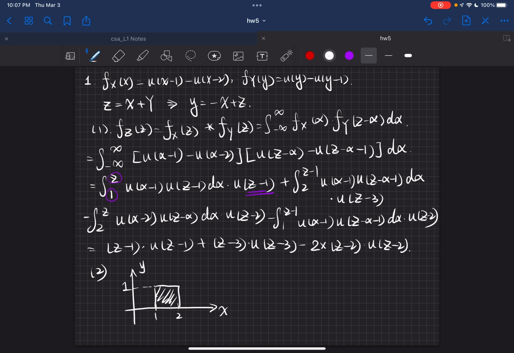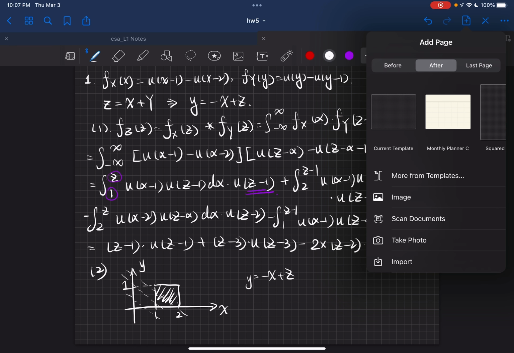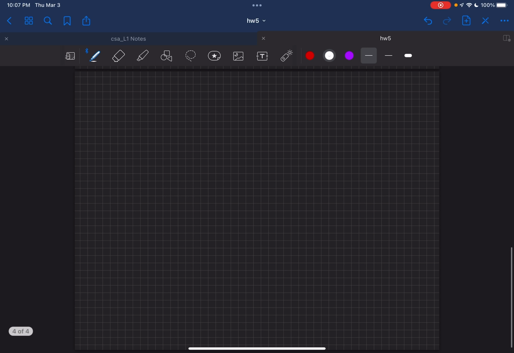And we know that z is equal to x plus y, so y is equal to negative x plus z, so y should be this straight line with slope negative 1. And here I redraw it in the next plane.